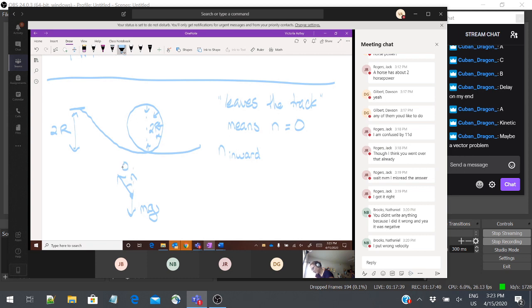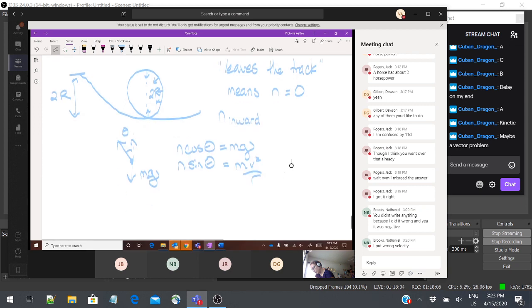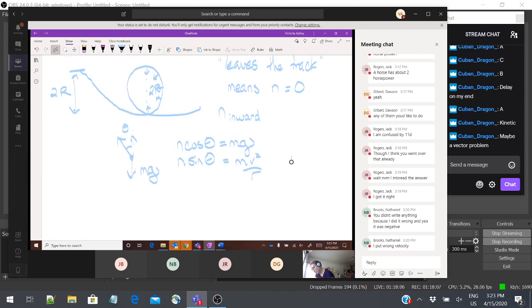This is theta. We're going to solve for theta, I think. So you have N cosine theta has to equal mg. You have N sine theta has to equal mv squared over r. Okay.